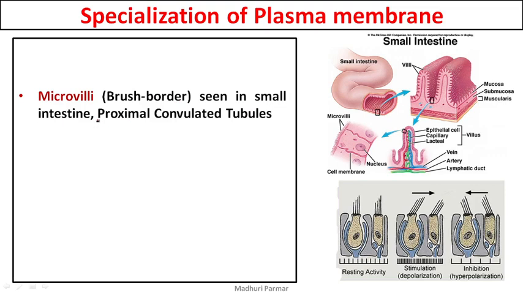Then in the proximal convoluted tubules of your kidneys, the PCT of the nephron. In the kidney you have nephrons, which you draw something like this.